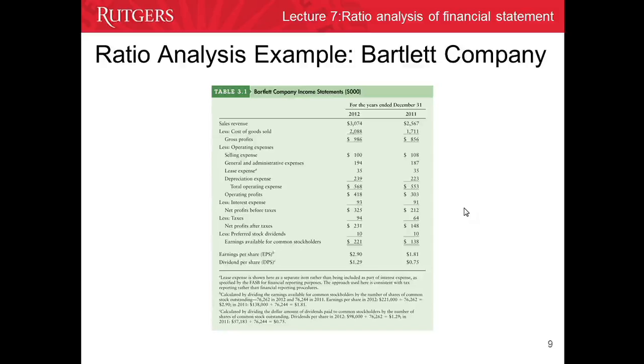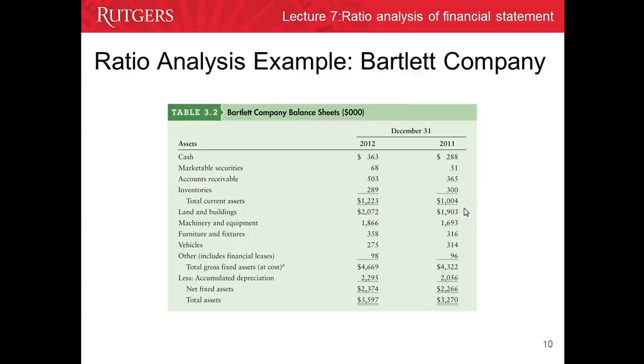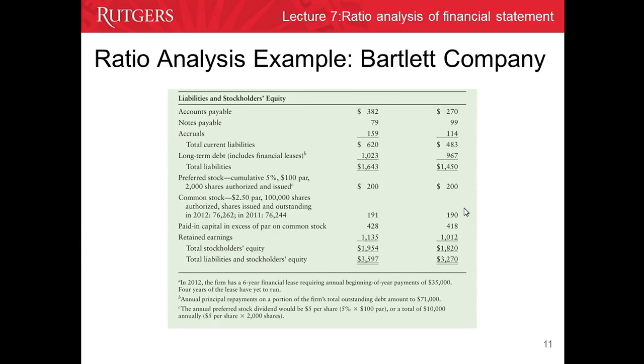Then we're going to use an example from the Bartlett company to show the calculation of several different ratios. Here is the income statement of Bartlett, and this is the balance sheet of Bartlett's company.